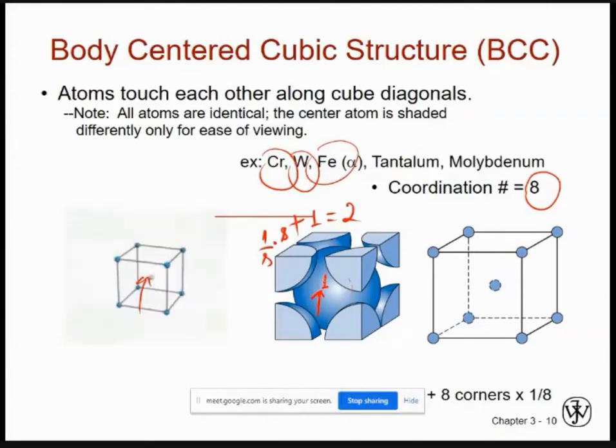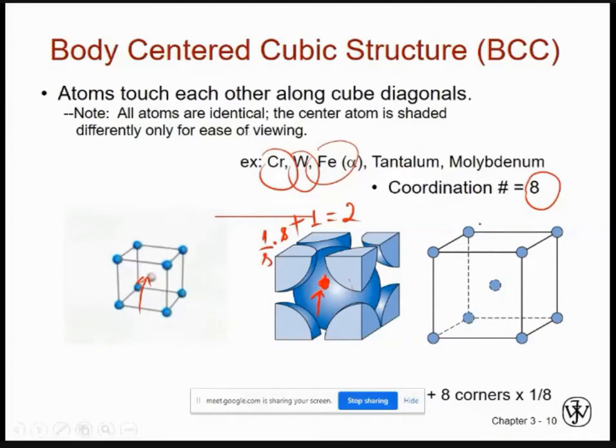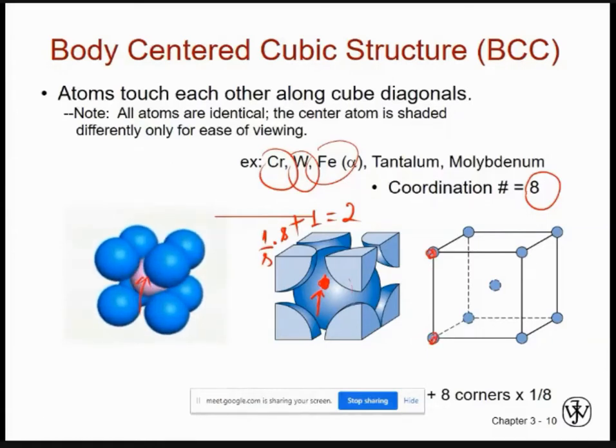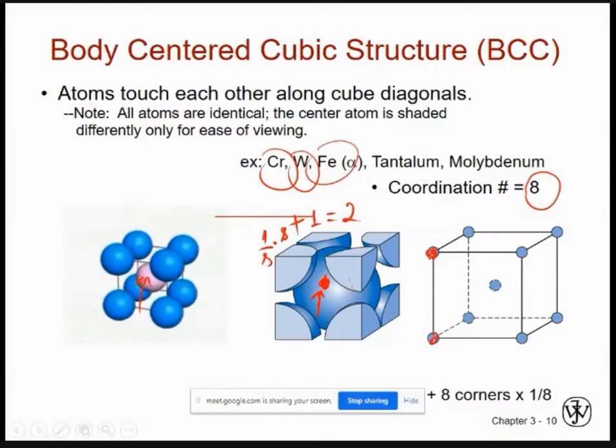I will choose this atom at the center, because it's easy to see all those 8 corner atoms touch this one. The coordination number is 8. Coordination number for this atom or for this atom is 8 also, because this corner atom will be the center atom of another unit cell, because we have this infinite amount of cubes over there.